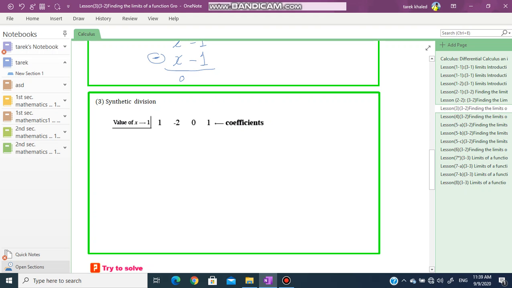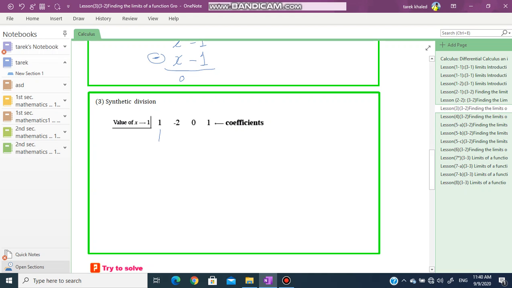The value of x, or the coefficient of x, is 1 and the x power 3 coefficient is 1, x power 2 coefficient is negative 2, x power 1 coefficient is 0, and the absolute term coefficient is 1. So we'll use the synthetic division.